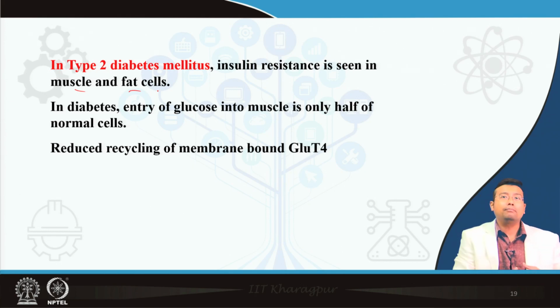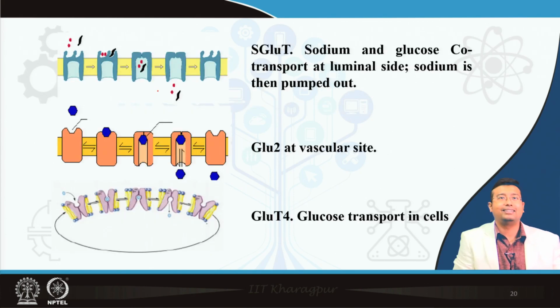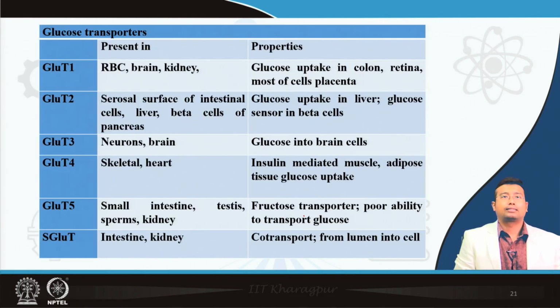Insulin cannot act on them, therefore glucose cannot get inside the cells, and the level of blood glucose is very high, and it leads to diabetes mellitus, which we will again be discussing in great detail later. So this is the overview of 3 types of glucose transporters: sodium dependent glucose transporter, GLUT2 at the vascular site, and GLUT4 in the cells of heart and skeletal muscle.